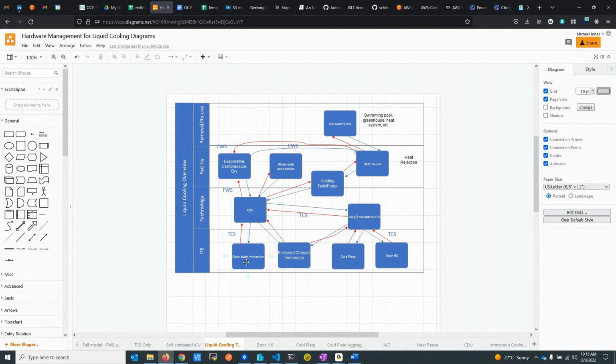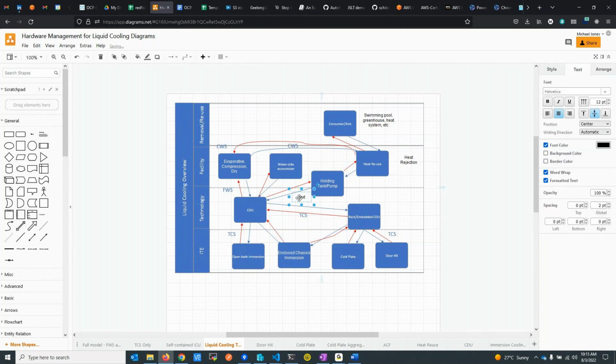If you had an open bath, at one end you had power distribution to the devices, and at the other end you might have the actual CDU as part of the chassis, if that makes sense. So I think this is missing that interconnect to an embedded CDU, and I will add that in, unless anyone disagrees with my amateur interpretation of those devices.